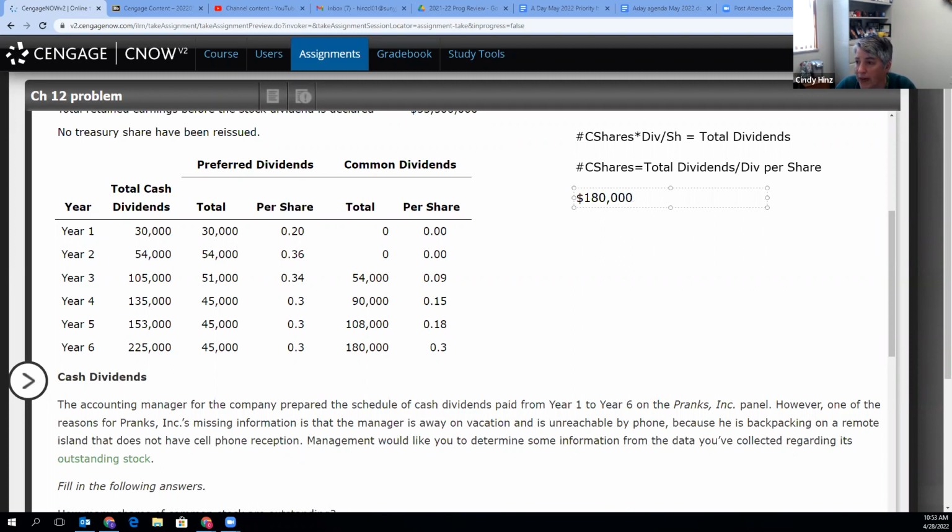So we take the $180,000 and divide by the 30 cents per share, and we see that there are 600,000 common shares. That makes sense?